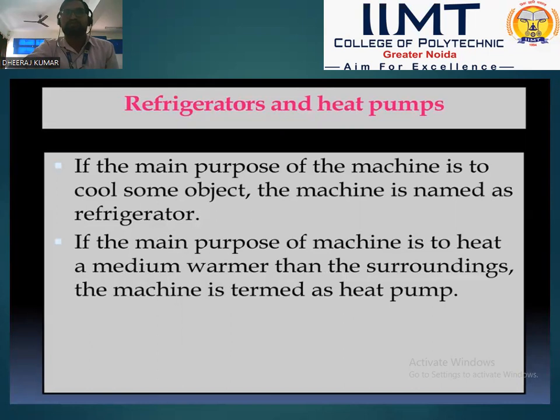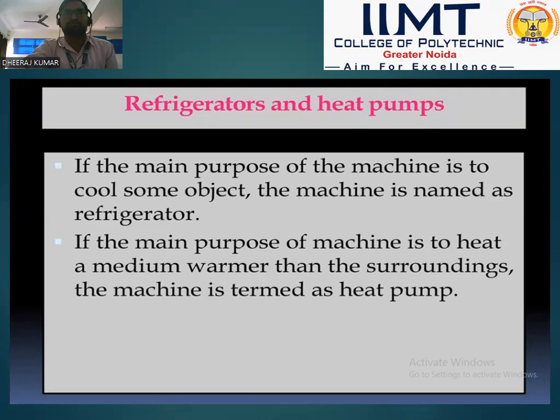Refrigerator and heat pump. If the main purpose of the machine is to cool some object, the machine is named a refrigerator. If the main purpose of the machine is to heat a medium warmer than the surroundings, the machine is termed a heat pump.